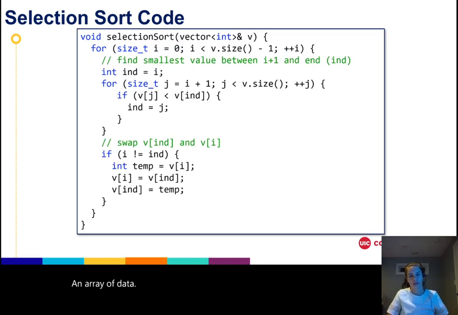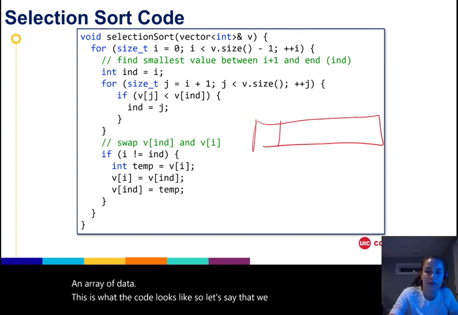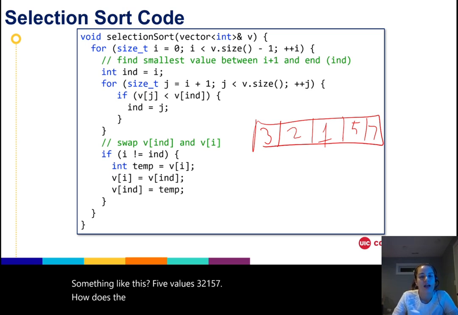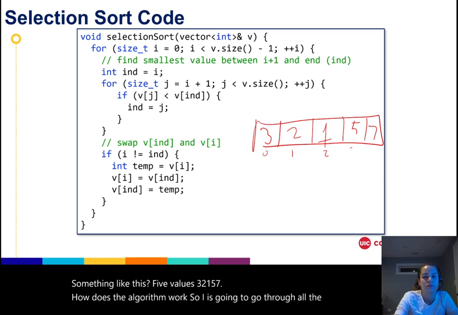This is what the code looks like. Let's say that we have something like this, 5 values: 3, 2, 1, 5, 7. How does the algorithm work? So i is going to go through all the elements.